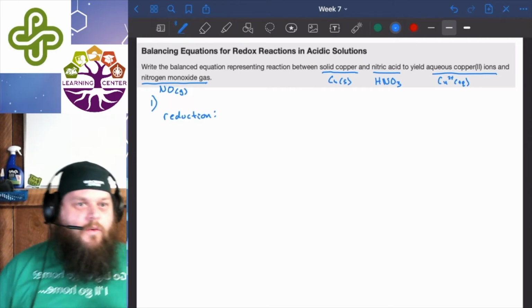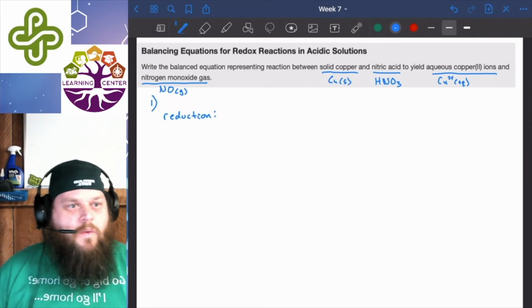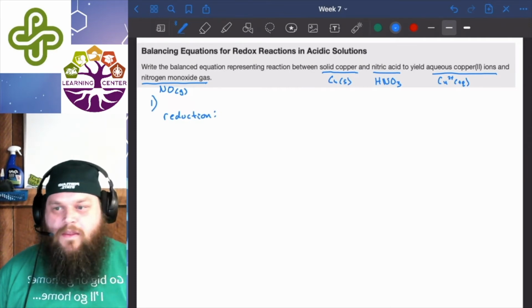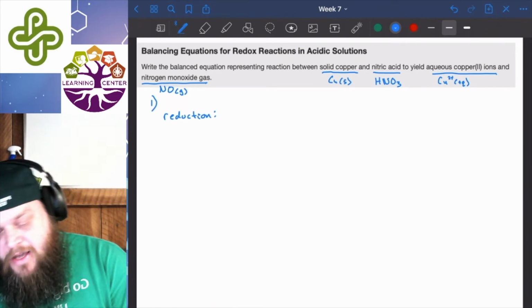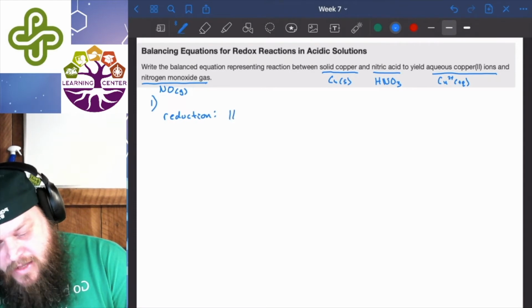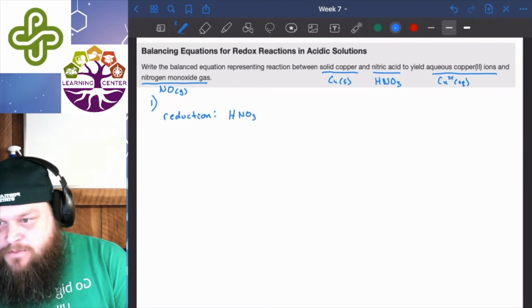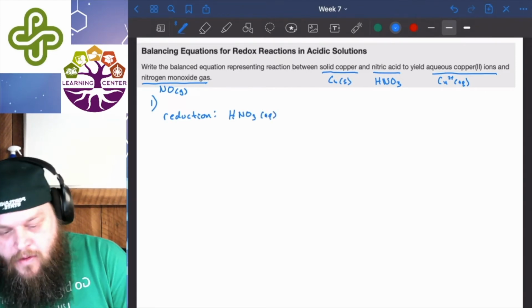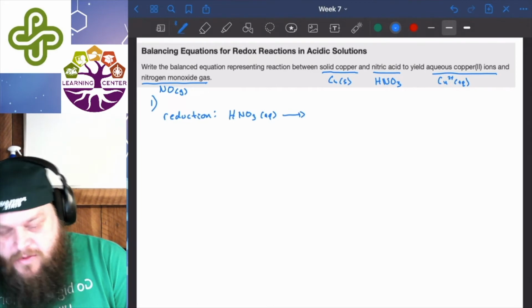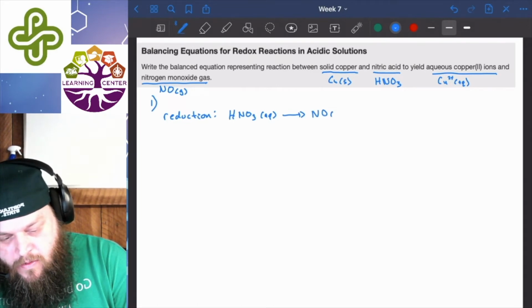Just to make sure we know the compounds that are going into these, we can then start to see what the reaction is going to be for these things. So the reduction reaction is taking this HNO3, this nitric acid, and it's aqueous because it's an acid, it's floating in water, and it's going to produce this NO gas.